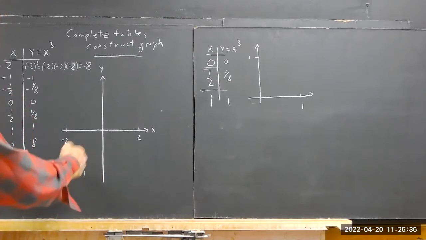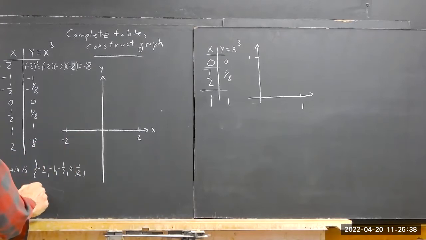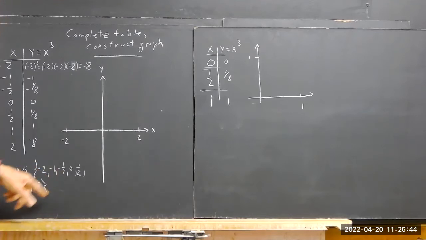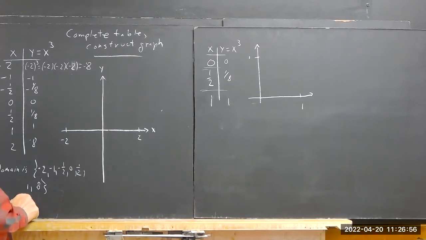Maybe if you did, it wasn't emphasized as much as I would prefer. I'm starting to get in the way of my graph here because, as usual, I don't plan very well. But there we have it. That's your domain. It's your x values. Your range is your y values.